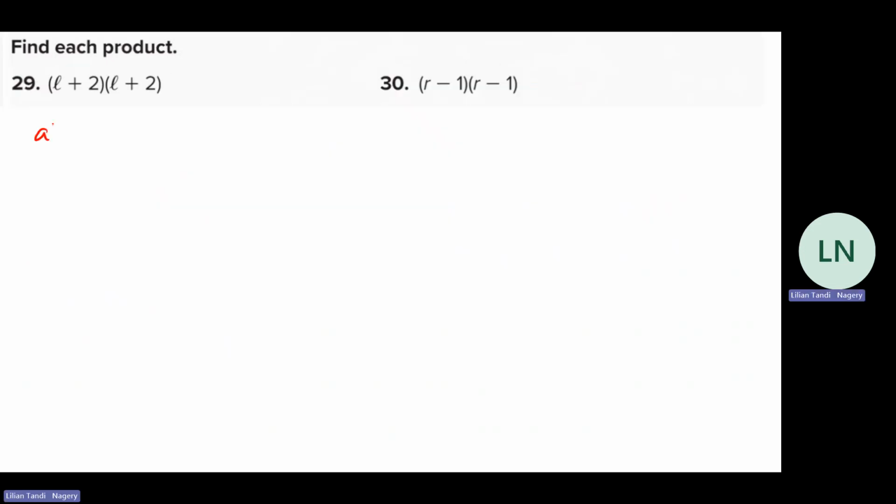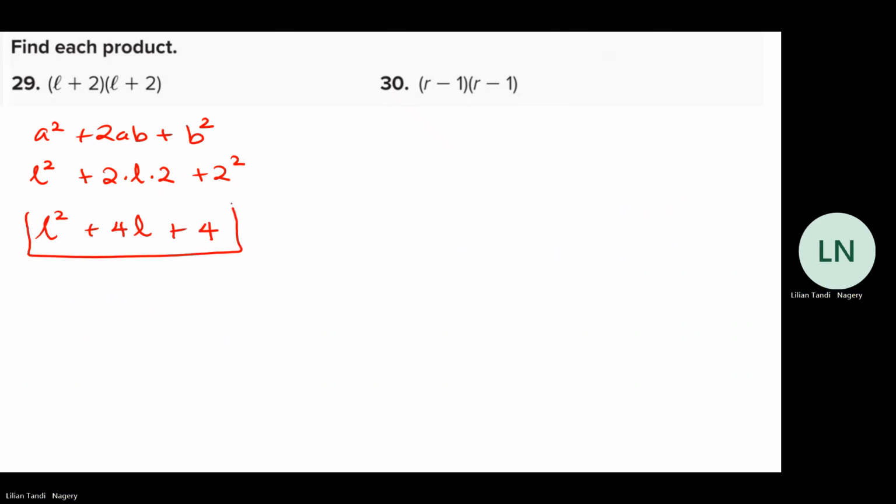This one will be a squared plus 2ab plus b squared. L squared plus 2 times L times 2 plus 2 squared. So L squared plus 4L plus 4. This one will be a squared minus 2ab plus b squared.